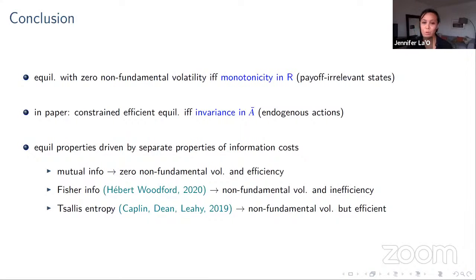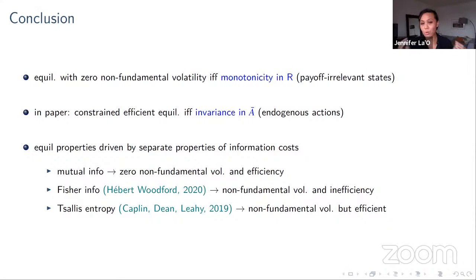In that case, if you want to give agents more information, it's always welfare improving. This is because I've made payoffs such that there are no payoff externalities, and I've made costs such that there are no externalities on the cost side. I'm in a constrained efficient equilibrium. More information is always better.